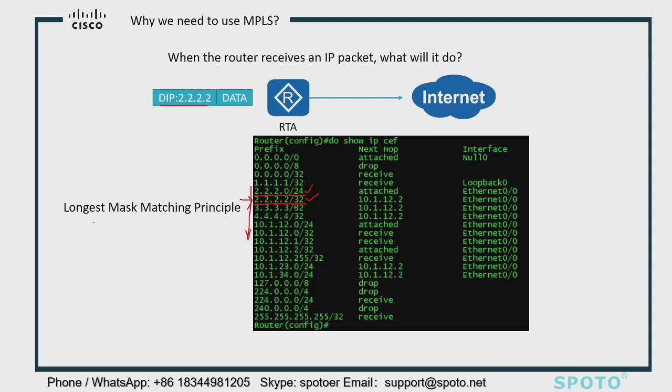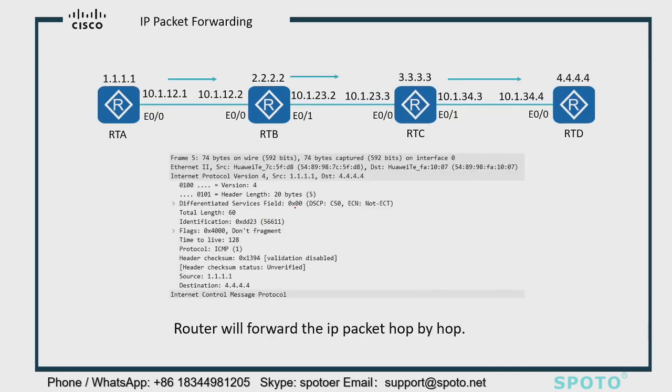We can see here the whole process when the routers try to forward the IP packet. When RTA wants to visit RTD, the source address is 1.1.1.1 and the destination address is 4.4.4.4. RTA will forward the packet according to its own routing table.